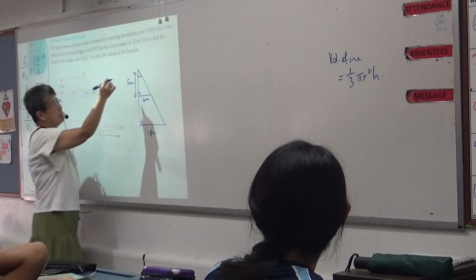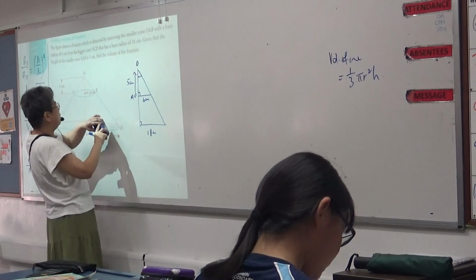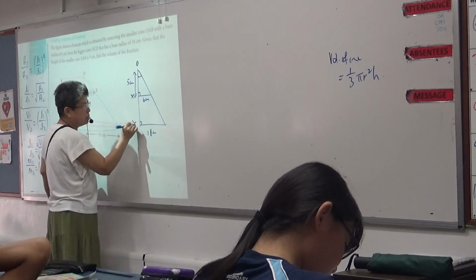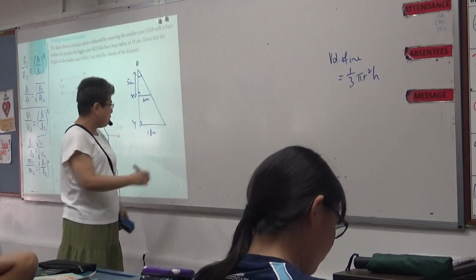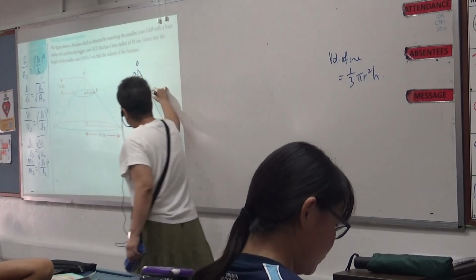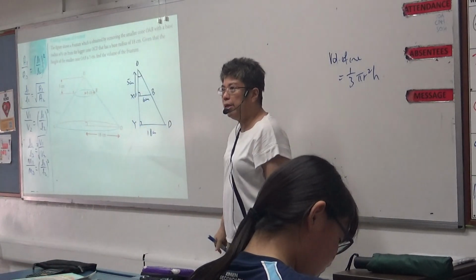Okay. Now, let me call this O. Oh, let me use A. So maybe O. I call this point X, this point Y, right? Okay, and this point is B. Hold on, look up here. Everybody listen, please.